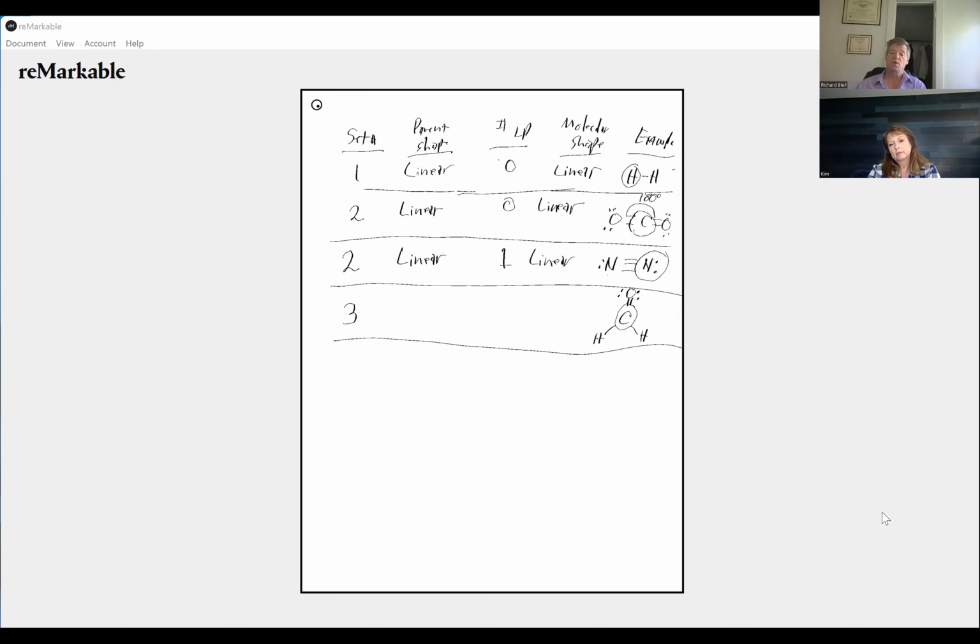Well, as it turns out, first of all, they're not going to be linear. They're going to have to make room for each other. So all of a sudden, we have a triangle. So we're going to have some kind of a trigonal shape.